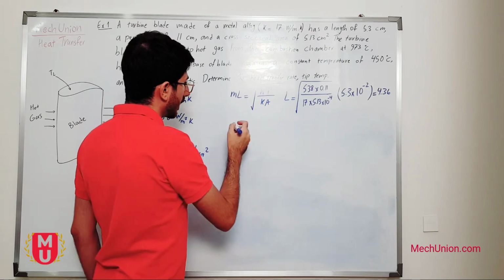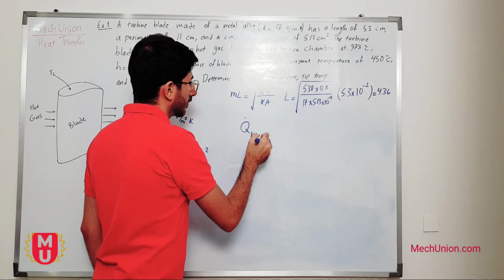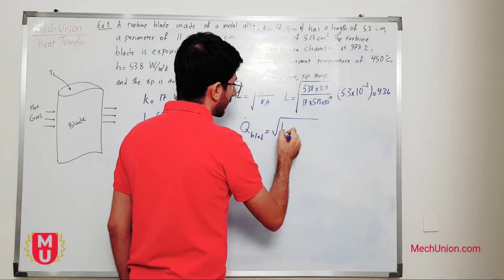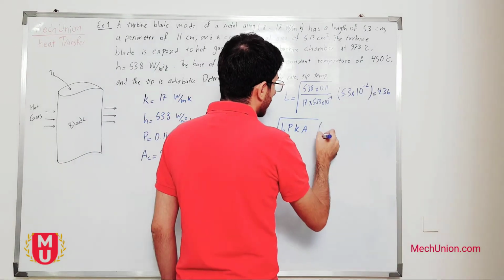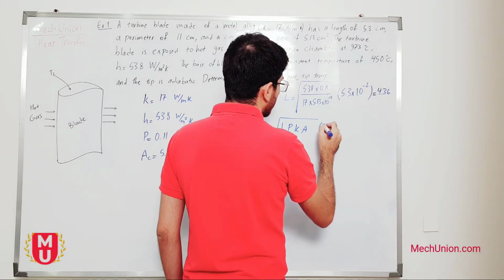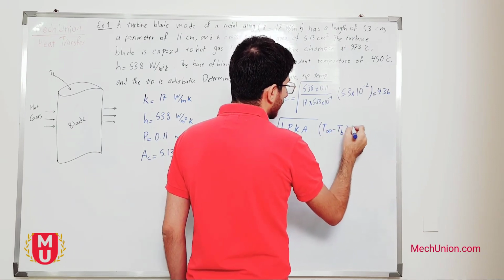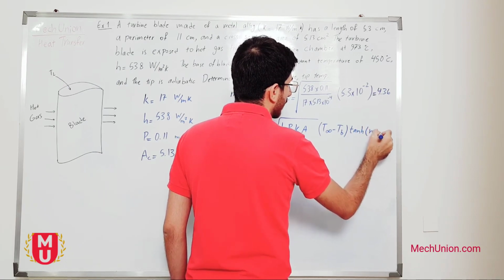Our heat transfer rate through the blade is equal to square root of hP Ka times theta naught, which is T of infinity minus T of blade, times hyperbolic tangent of mL.